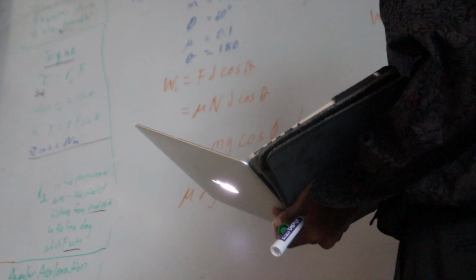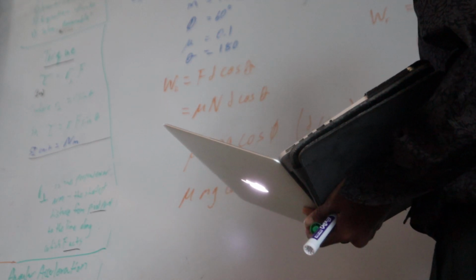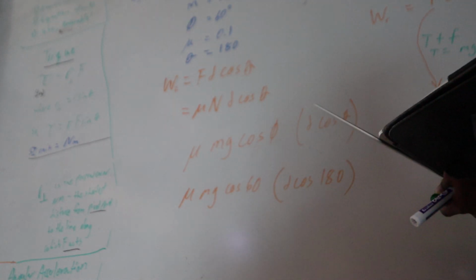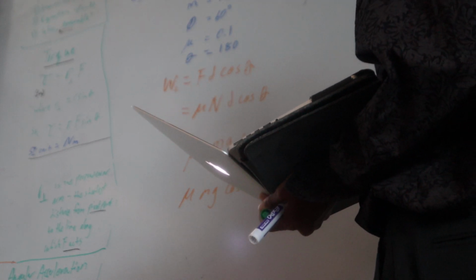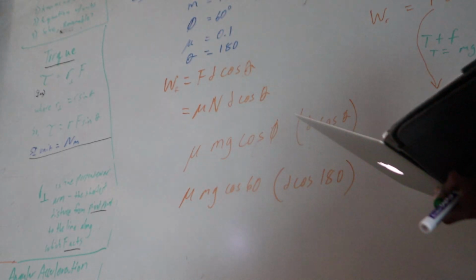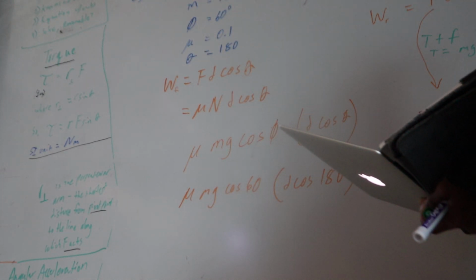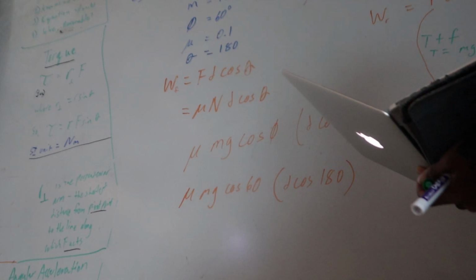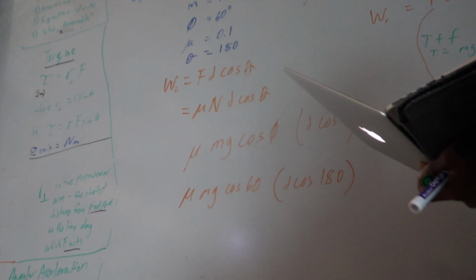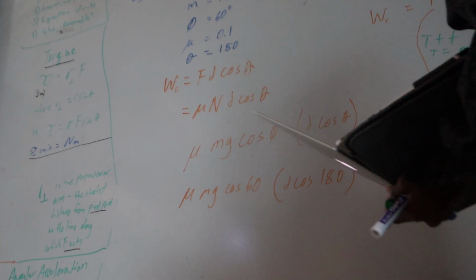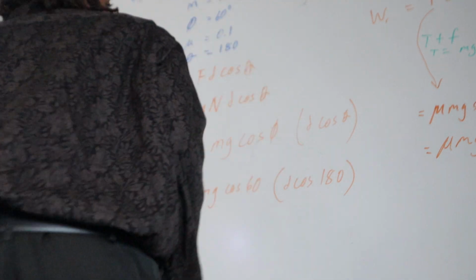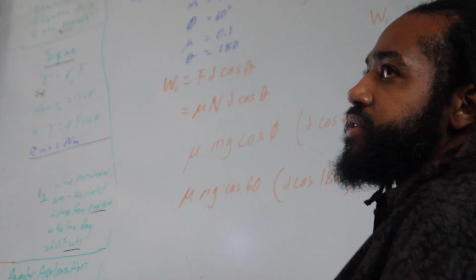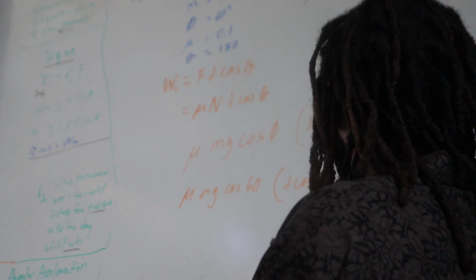Mu mg times sine of phi minus cosine of phi. And then still d cosine theta. So now we have everything for that. Yeah. So that's the hardest part right there, is to make sure that you add up the tension and friction.